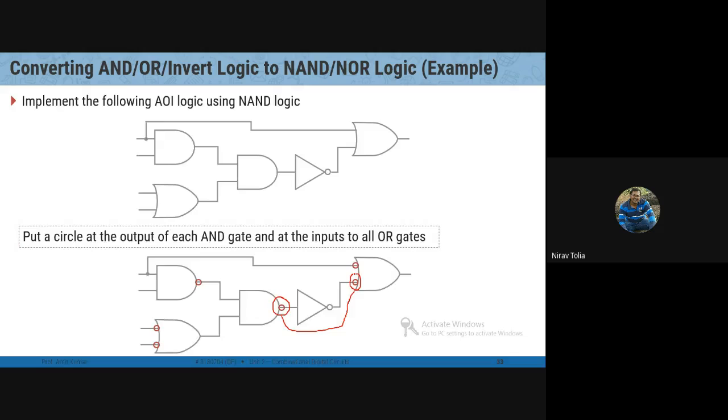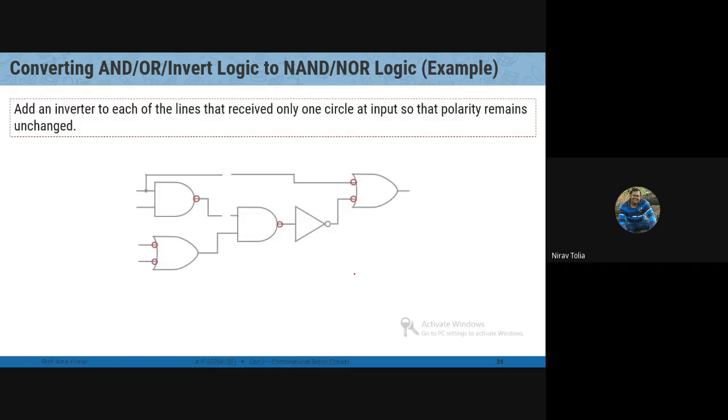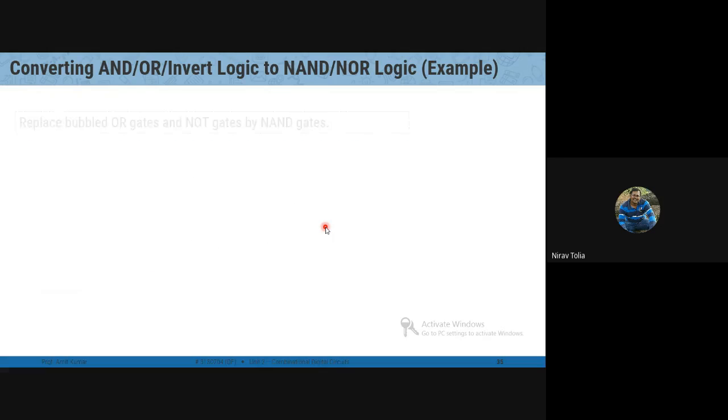So see here, we are putting a NOT gate here, one NOT gate here. This line also takes only one bubble, so we are putting a NOT gate here. But in this line we do not have to put a bubble because we have two bubbles, so they cancel out each other's effect.